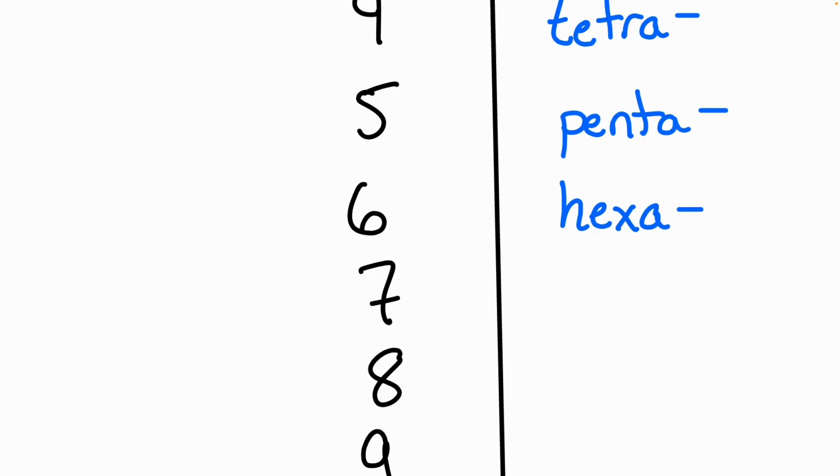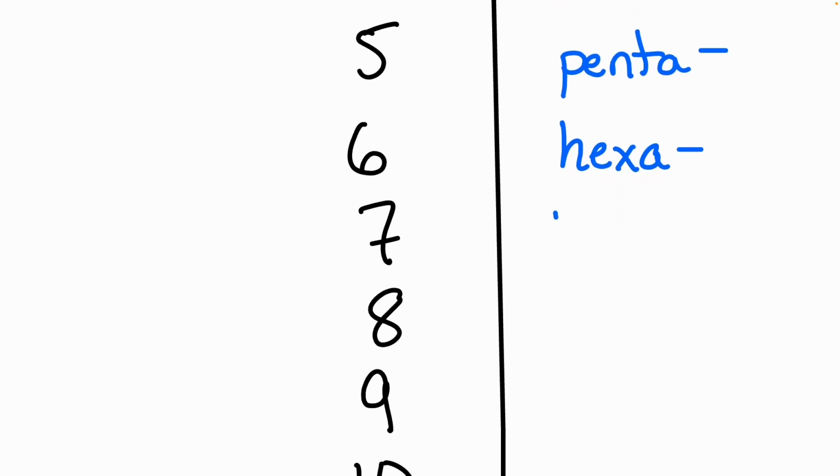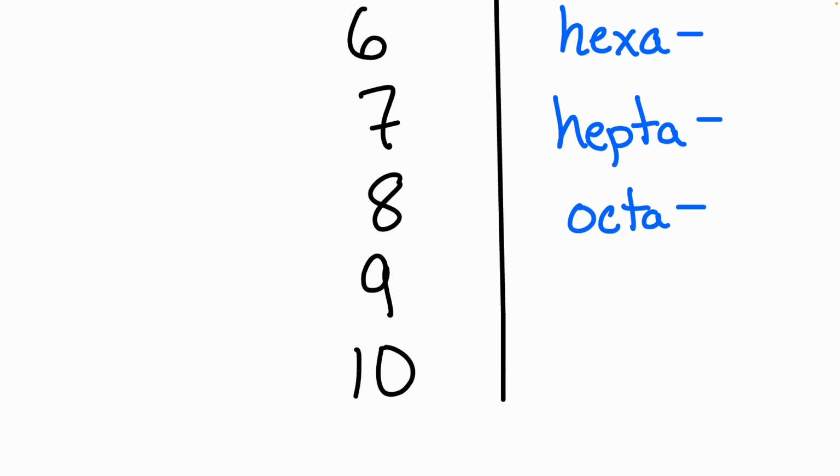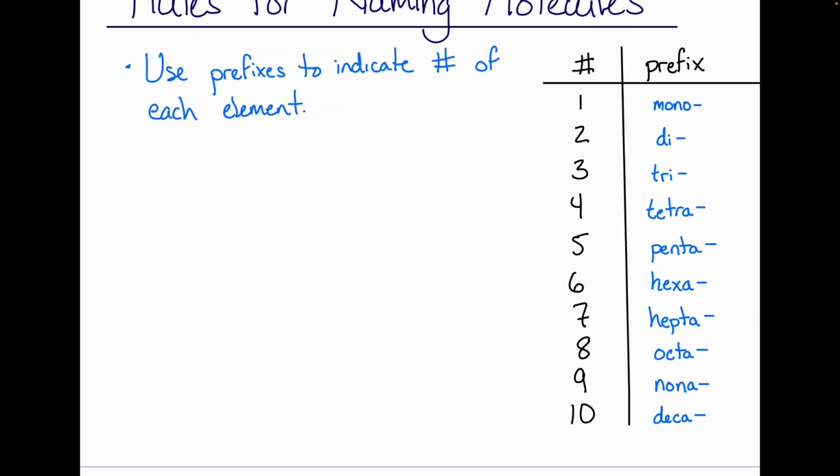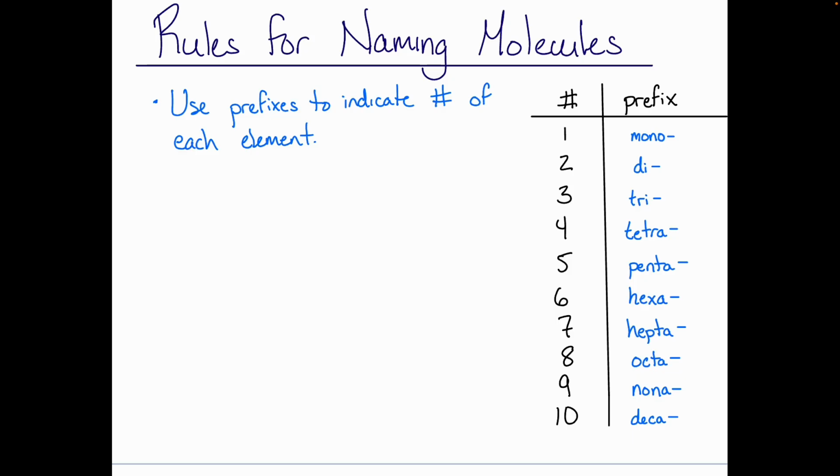Instead, we use whatever the other language derivation is for 7, which is hepta. You see this all over the place in chemistry. We use hept or hepta to indicate 7 of something. 8, like a stop sign, would be octa, like octagon. 9 and 10, you might not know. 9 is nona, and 10 is deca. And truthfully, they keep going and going, but this is just fine for our purposes.